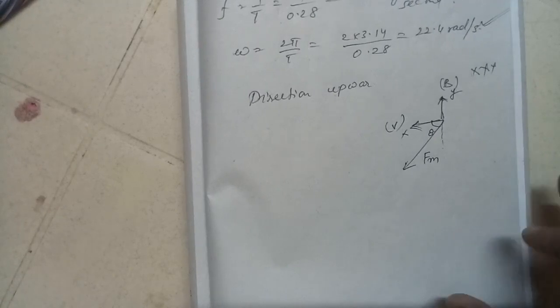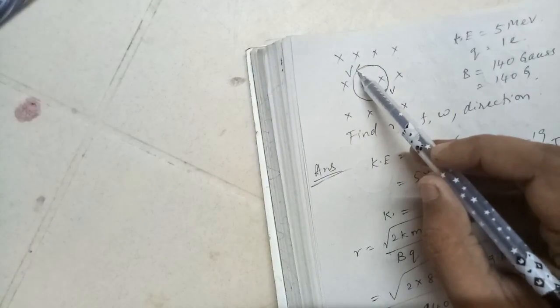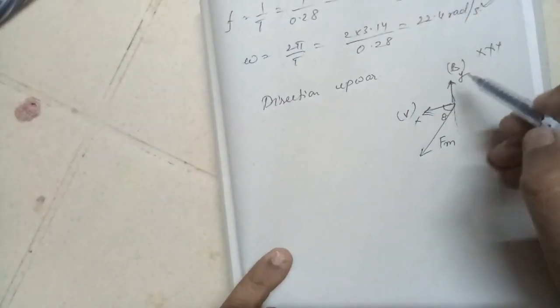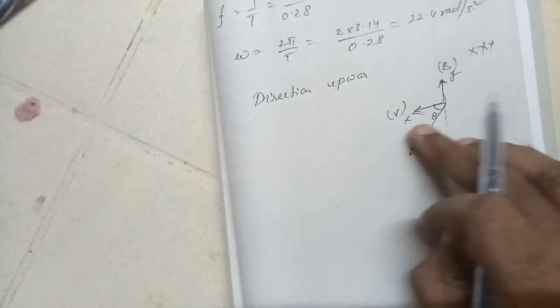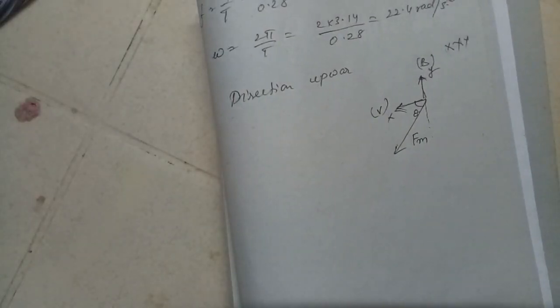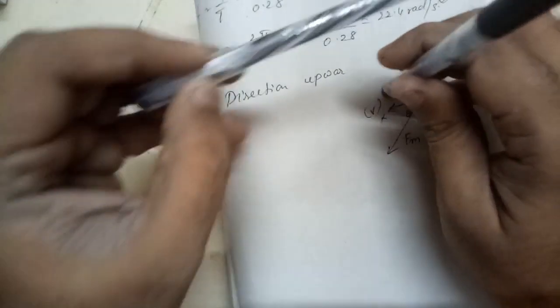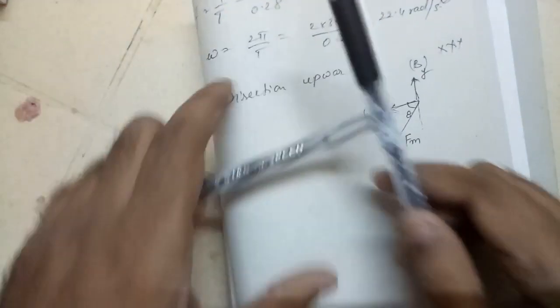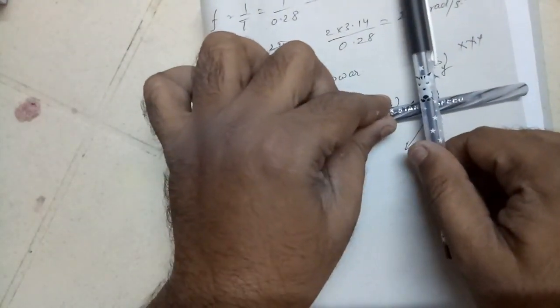And V vector, as shown in the diagram, the direction of V is given like this. If you observe, this B vector is in the Y direction, this V vector is in the X direction. They are making a cross like this.